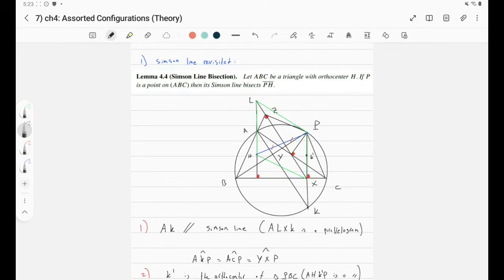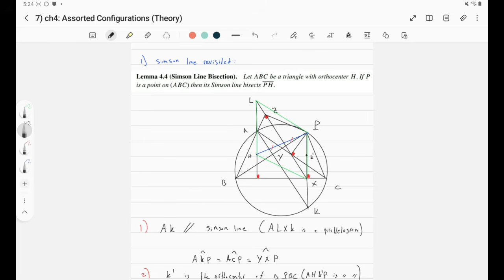Alright, so as a summary, today we learned many assorted configurations that are pretty useful, and you need to make sure to have them all in your mind, so that when you're facing some geometry problem and you notice some configuration that's similar to ours, you can use them.